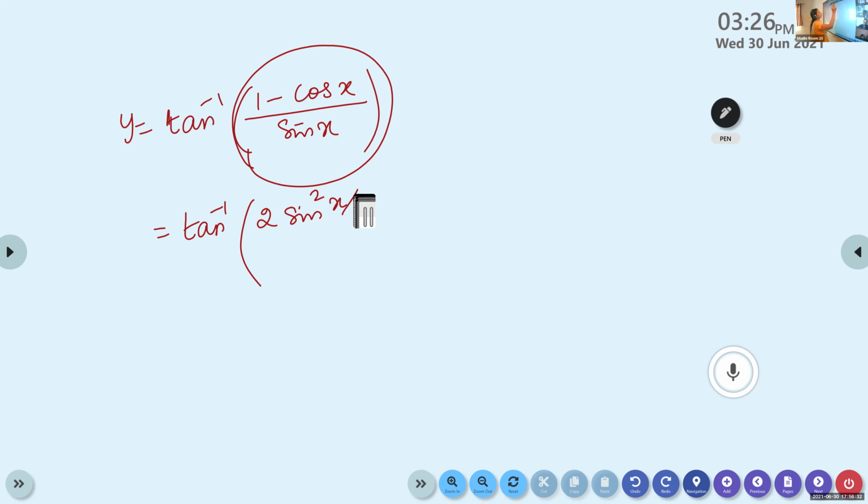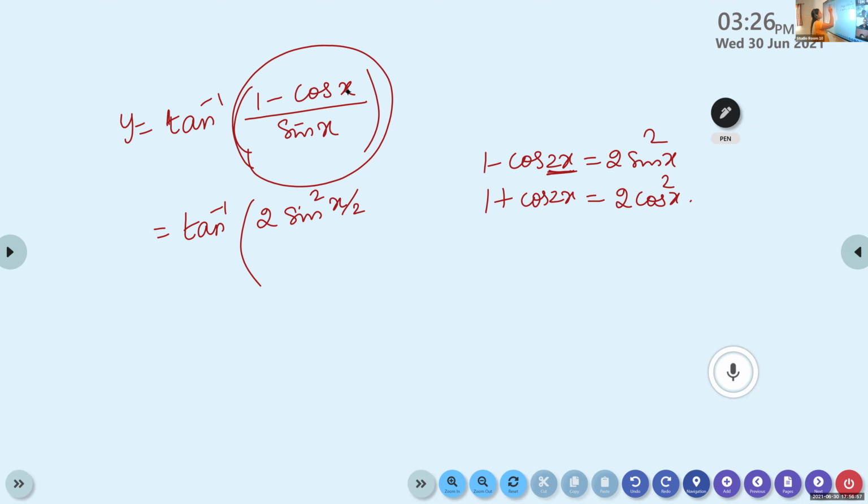We have 1 minus cos 2x as 2 sine square x. Similarly, 1 plus cos 2x is 2 cos square x. So if it is 2x, we are writing half of that there.